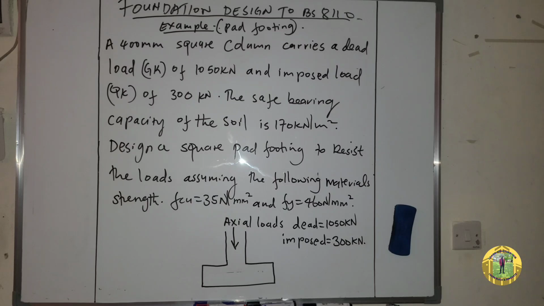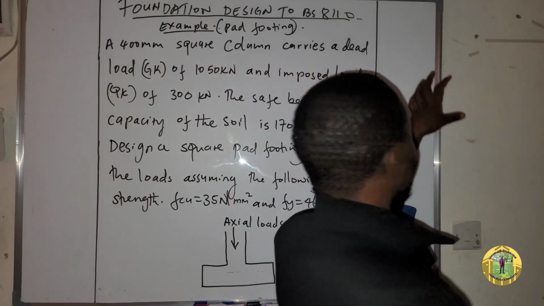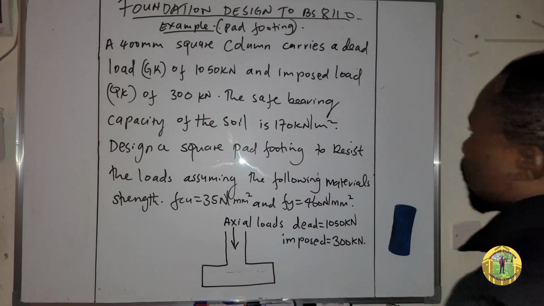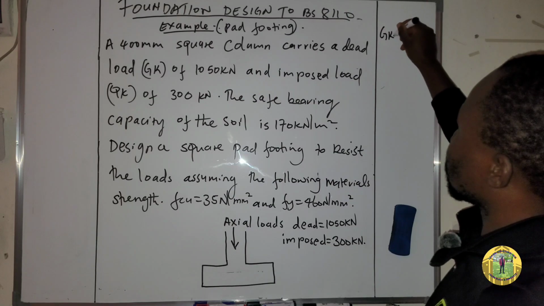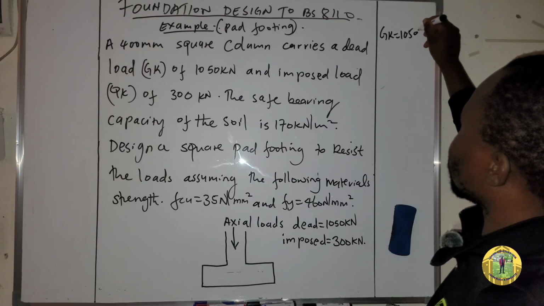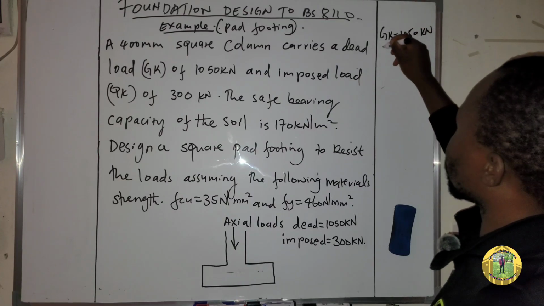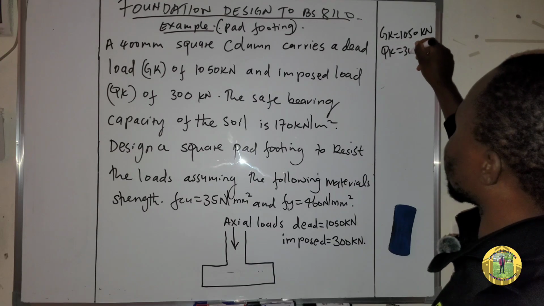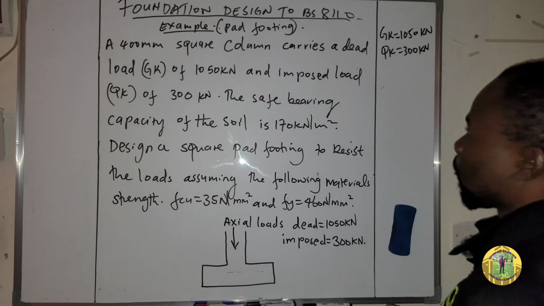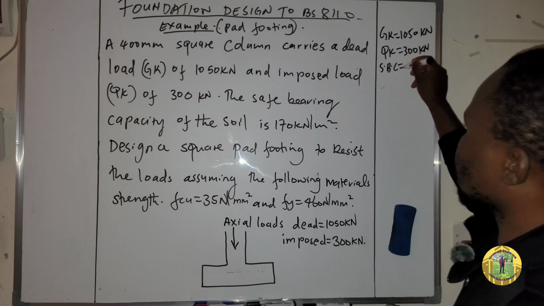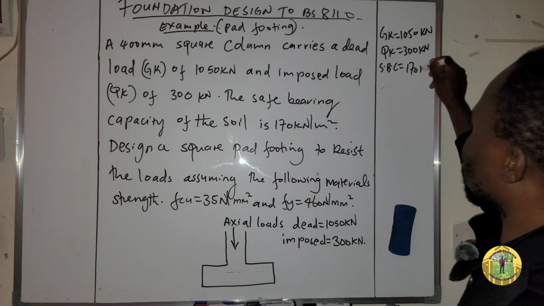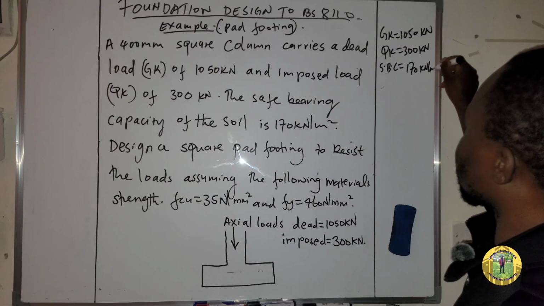So the first thing to do, I want to write the most important information on this column so that I can rub here and create space for our proceeding calculation. So the GK is equal to 1050 kilonewton. QK is equal to 300 kilonewton, and the self-bearing capacity 170 kilonewton per meter square.